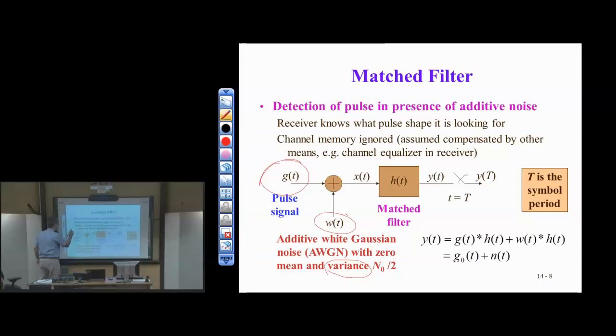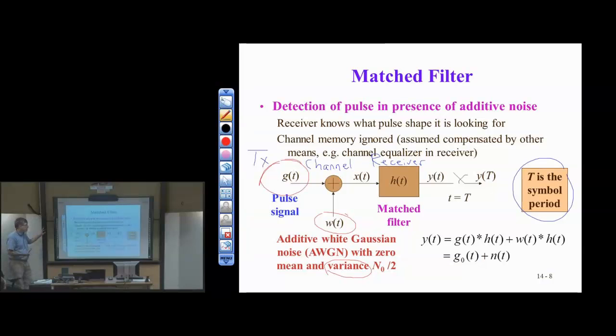So again, our transmitter sends out a known pulse. The channel, the only degradation that we're considering is additive noise. And then the receiver, at least the part of the receiver that's going to detect the pulse, is the match filter, and then we sample at some regular interval. The regular interval for the communication system example will be the symbol period. So the sampling time can vary with application.